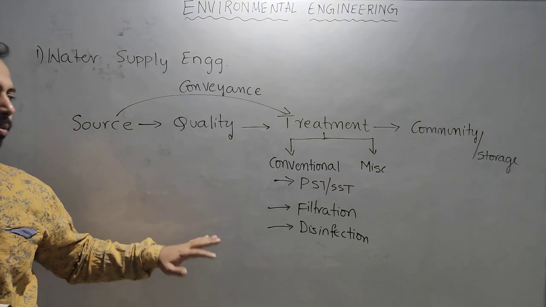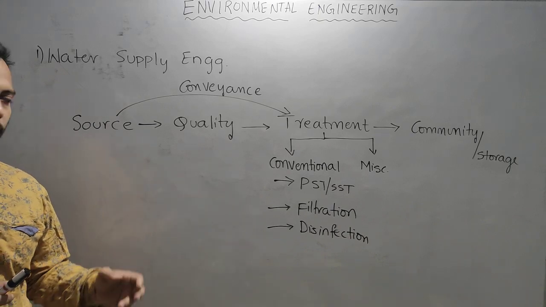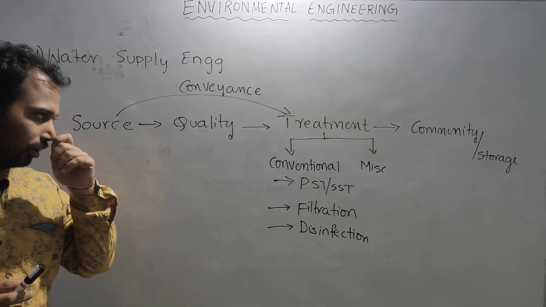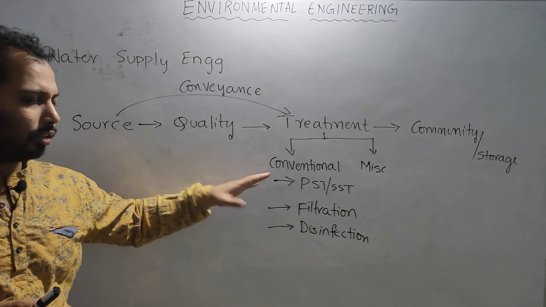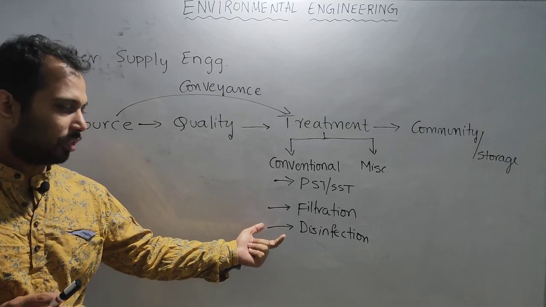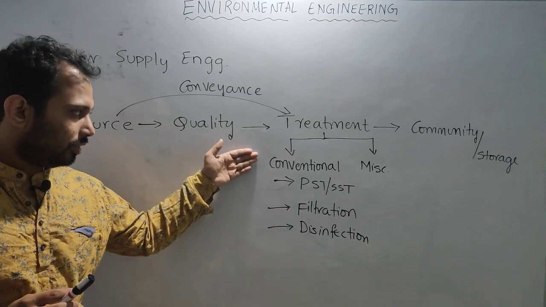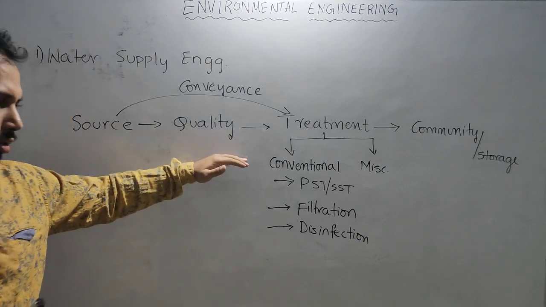The primary or secondary sedimentation tank is needed because water may have suspended solids or colloidal solids. Every water may have colloidal or suspended solids and microorganisms in it. So these conventional treatments will be present for every kind of source, and there are some more, which I will discuss later.